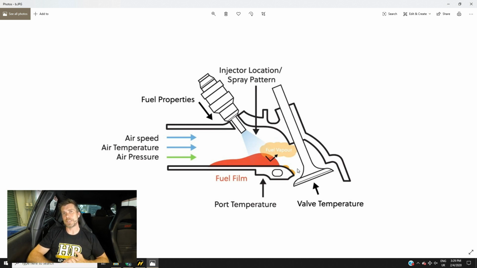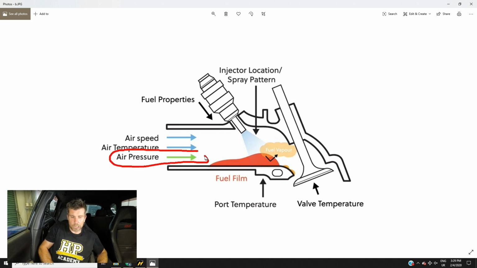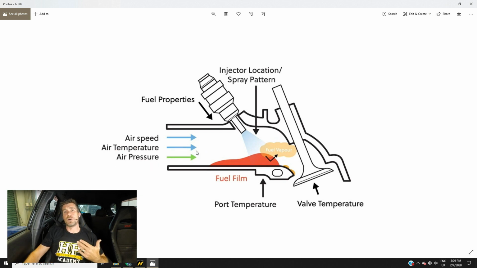It has no effect. Where it really does have a big effect though is under transient conditions, and if we take for a moment the RPM out of the equation, we're at a steady RPM and we're at light throttle. What we're going to have is a relatively low air pressure. What this results in with our low air pressure is our fuel film will establish.